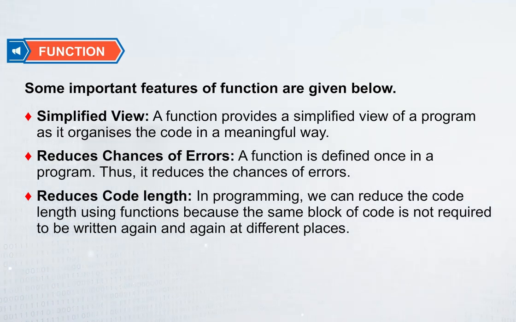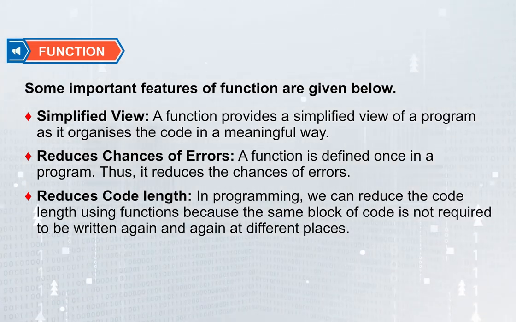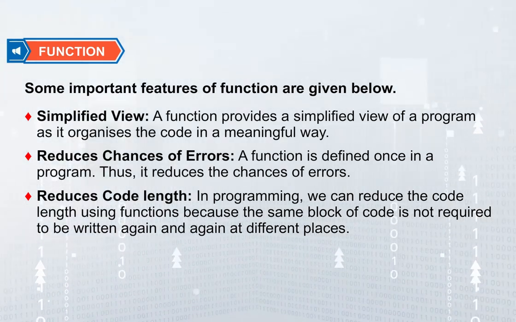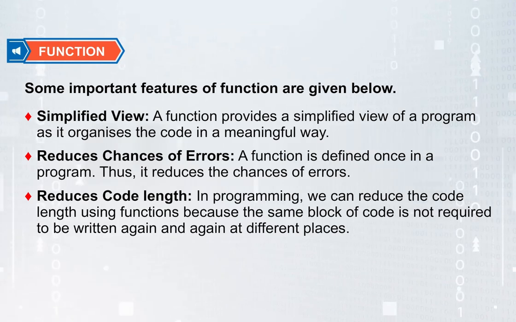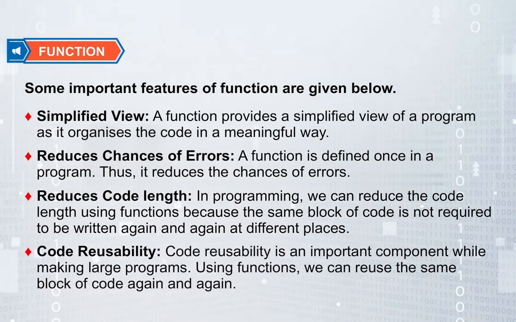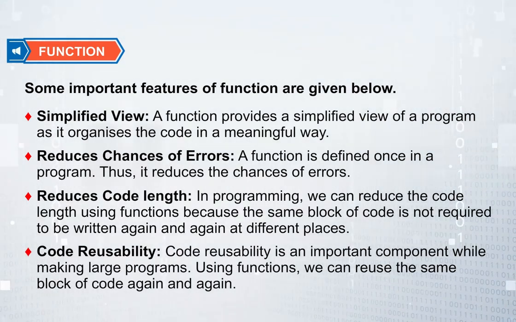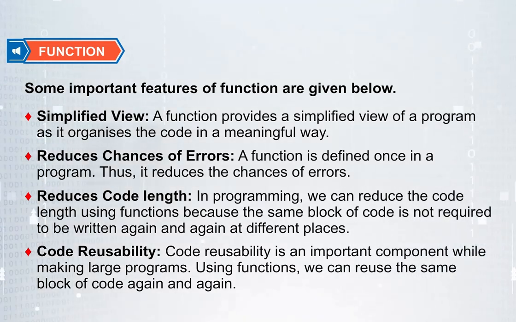In programming, we can reduce the code length using functions because the same block of code is not required to be written again and again at different places. Code reusability. Code reusability is an important component while making large programs. Using functions, we can reuse the same block of code again and again.